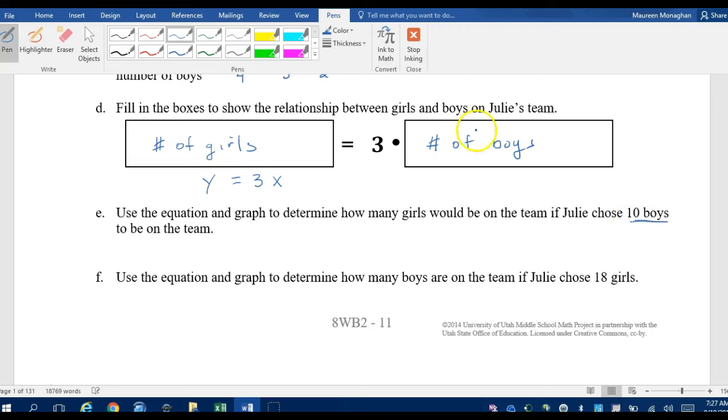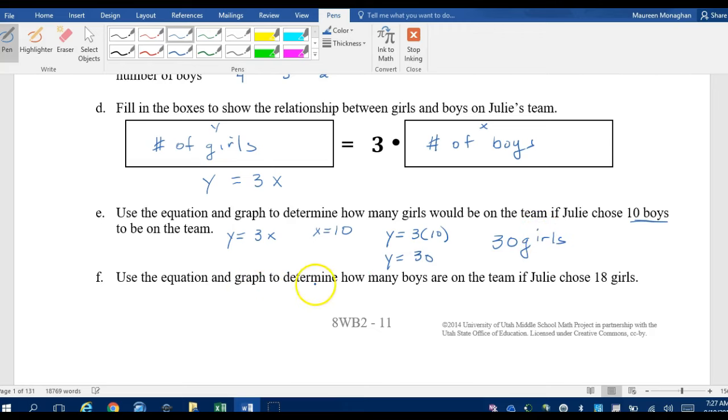And who represents the boys? This is x and this is y. So if I know x is 10, I would do 3 times 10. And so how many girls would there be? y equals 30. So there would be 30 girls.